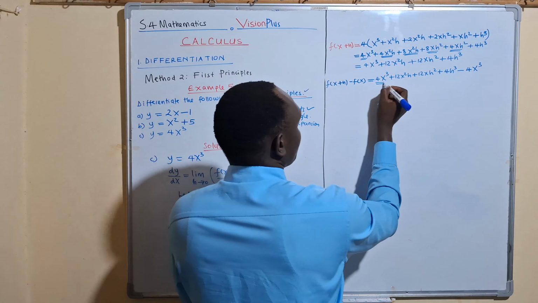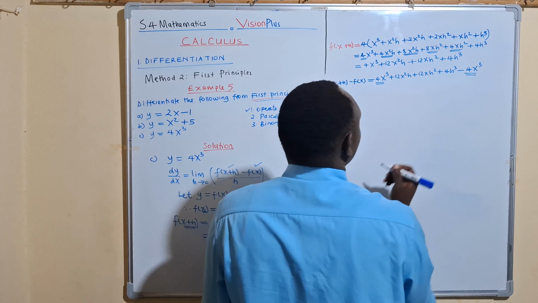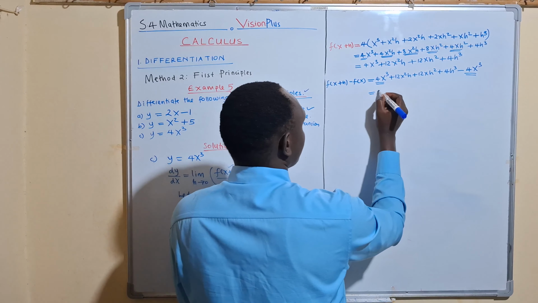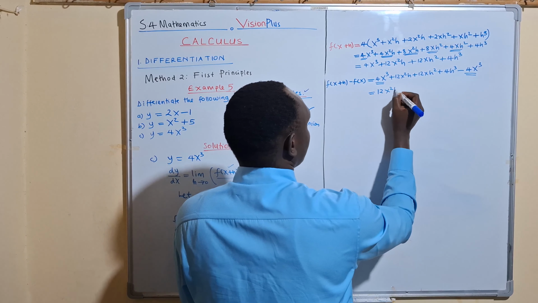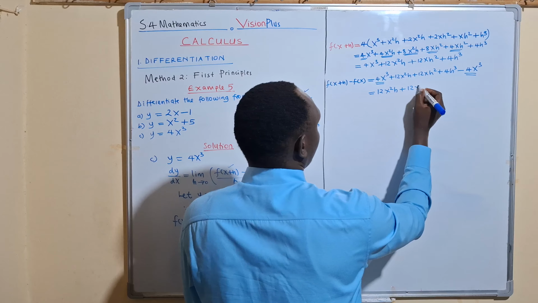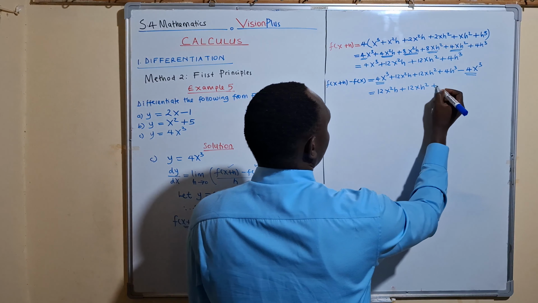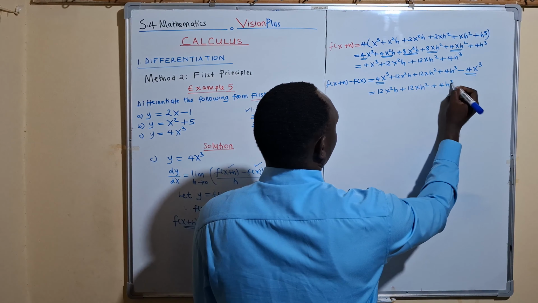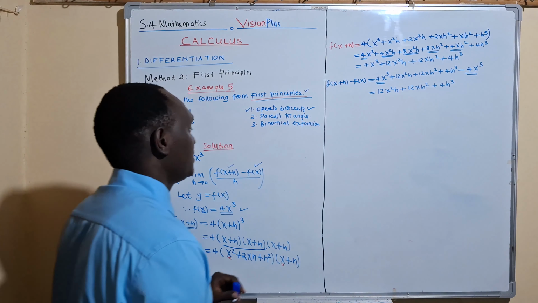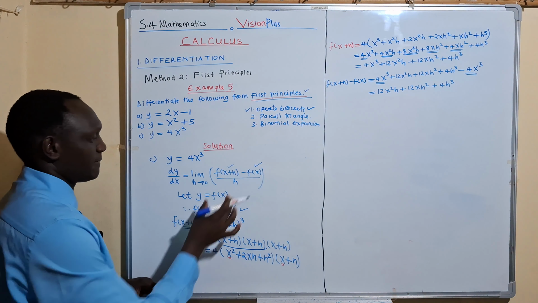So 4x cubed minus 4x cubed, they cancel. Therefore we shall have 12x squared h plus 12x h squared plus 4h cubed. This is the difference of the two functions.